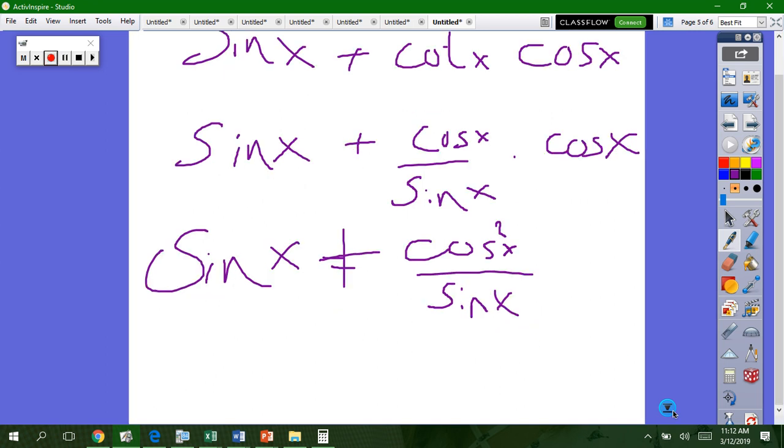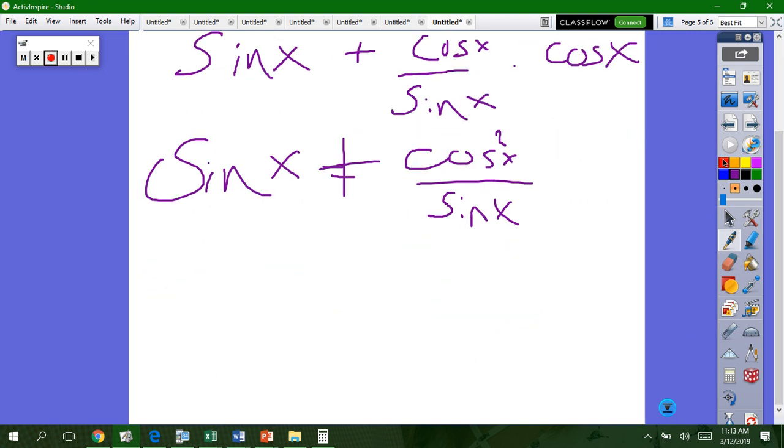What does that make you think of doing? You guys agree with Taylor? When you see a number plus a fraction, a common denominator, sounds reasonable, doesn't it? So I'm going to times sine top and bottom. And if I have sine times sine, that makes me sine squared. Correct? What's the top become? Good.